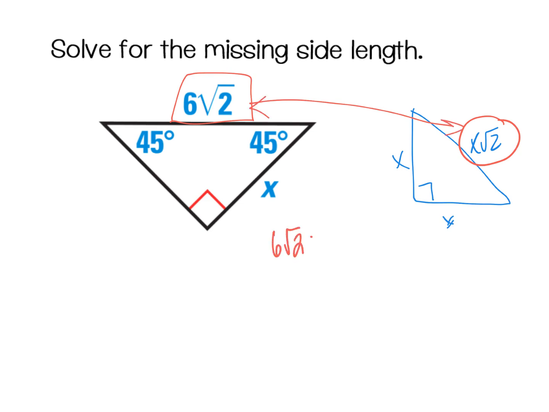So 6 radical 2 is equivalent to x radical 2 on my formula triangle. Anytime I'm trying to solve for x, I need to get it by itself, so I'm going to divide by a radical 2. Now, here's the trick. Radical 2 divided by radical 2 is a unit of 1. So we just have x is equal to 6. So our side length here is 6, which makes sense because if I were going from my leg to my hypotenuse, I would just put the leg with a radical 2.